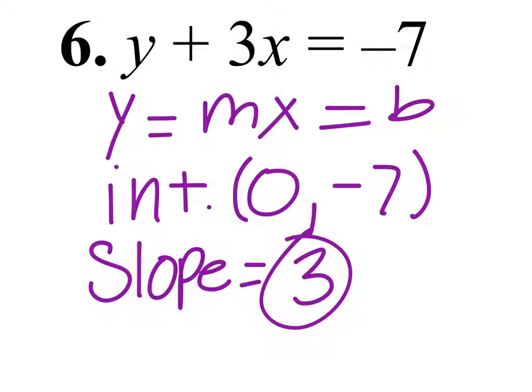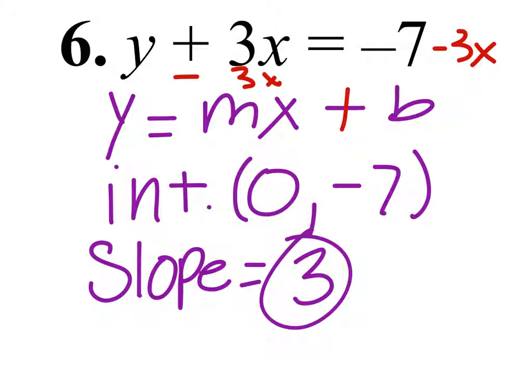So we need it to be y equals mx, and that would be plus b right here, right? So right there we got y plus 3x, so that's no good. So what we got to do is subtract 3x. By the way, remember, it's okay to get stuff wrong right now. This is just review, some practice stuff.